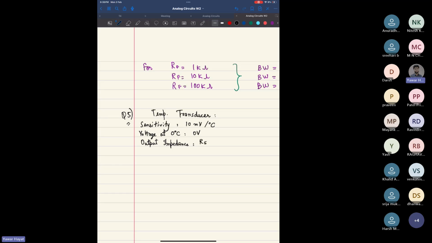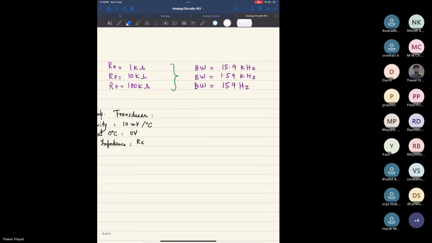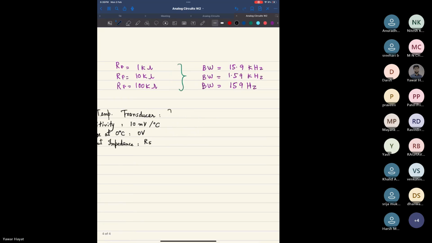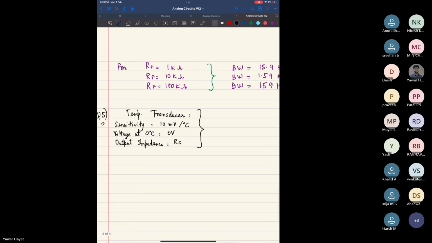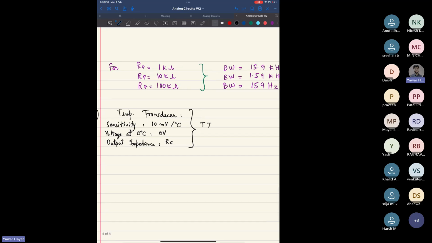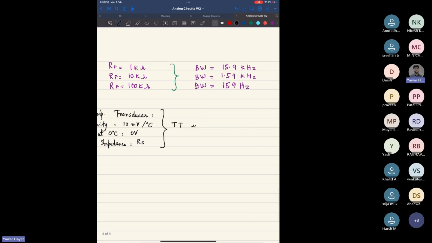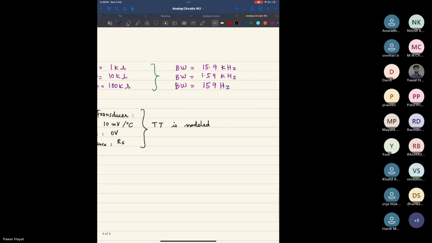That is RS. With these specifications, suppose your temperature transducer, let TT stand for temperature transducer, is modeled as a variable voltage source.